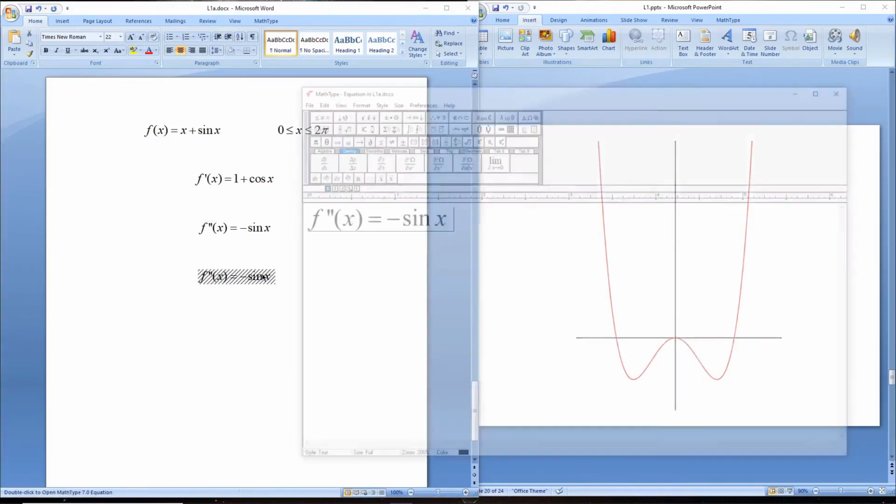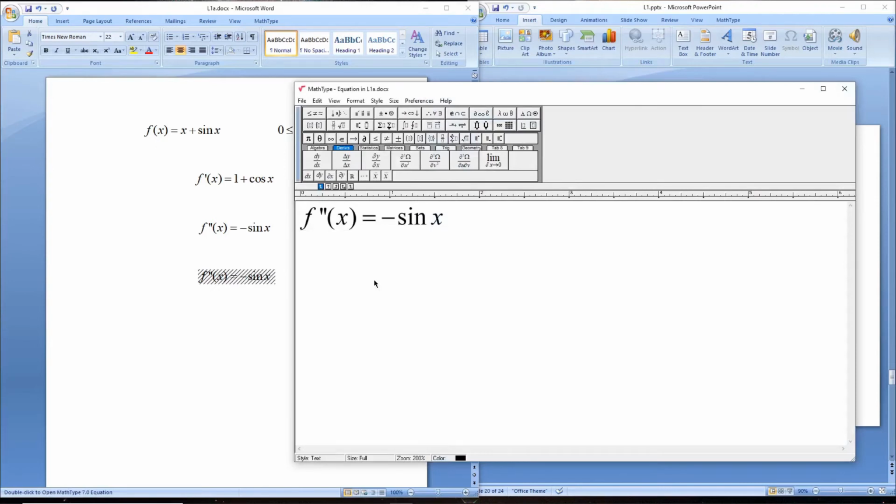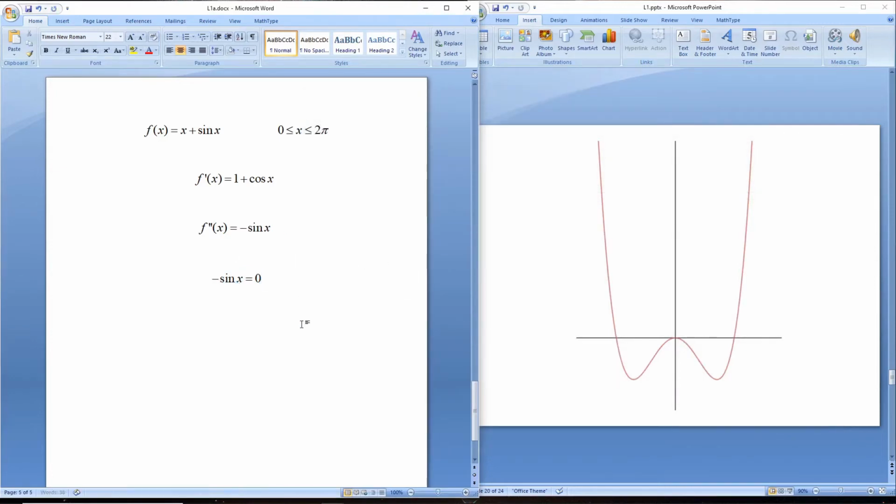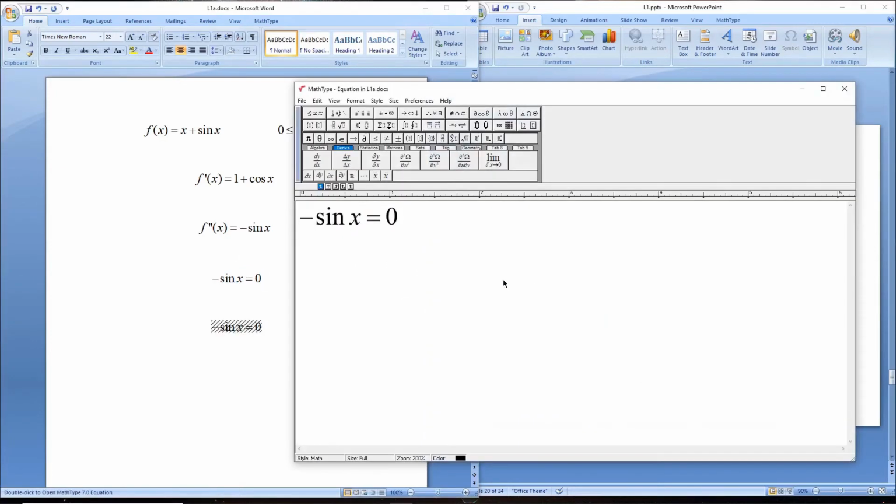We're finding inflection points, so we'll set this equal to 0 and we'll solve. So how would you solve this? Well, like any other way, divide everything by minus 1, because you can get rid of that. And the part that may be different, if you're not too comfortable with it, is to get rid of sine. That's where you would use arc sine. Arc sine is also written as sine to the minus 1.